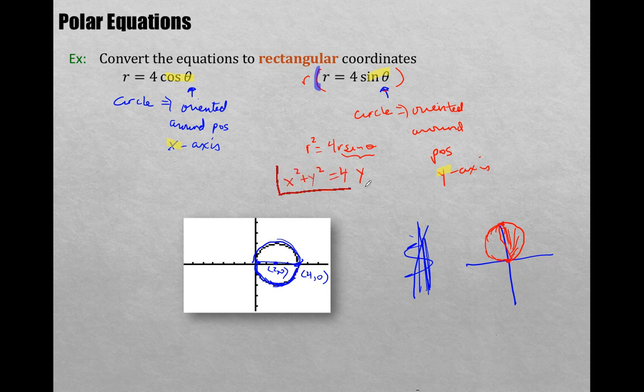If you are just asked to convert, you can stop there. If you're asked to identify, hopefully you recognize that's a circle from the polar, and if somebody asks you to graph or where the center is, you need to complete the square.